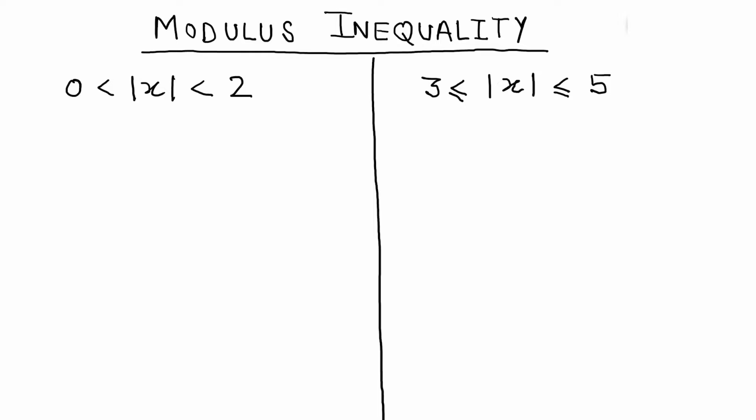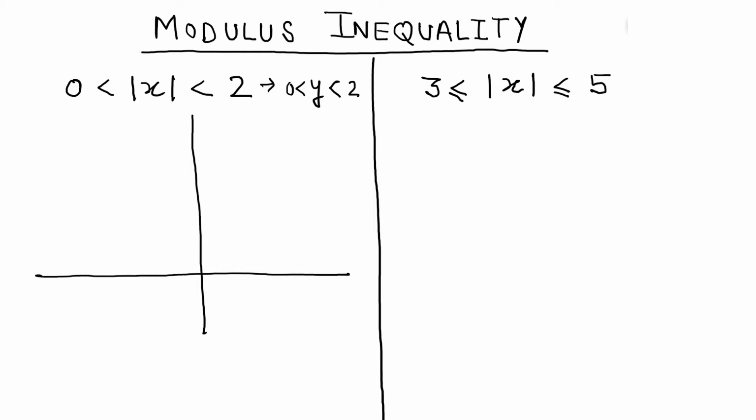So let's solve this with the help of graphs. Please try and convert this discussion into y is greater than 0 and less than 2, where y is nothing but the graph of modulus of x. We know that this line is y is equal to 0, and the other line we are expected to draw here is y is equal to 2, and the solution set has to be sought between these two lines only.